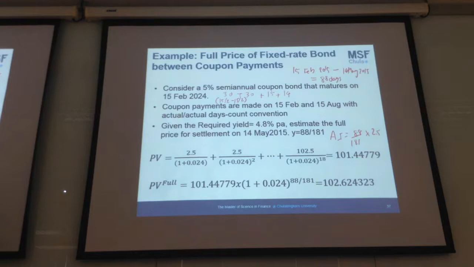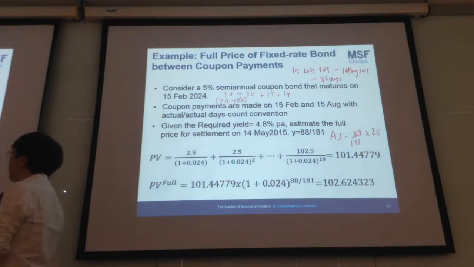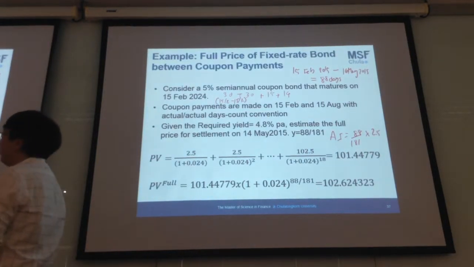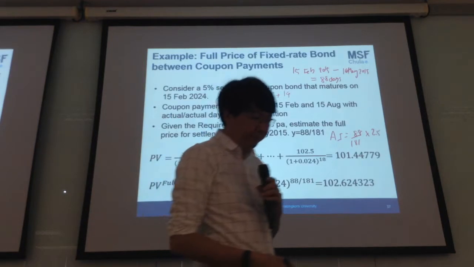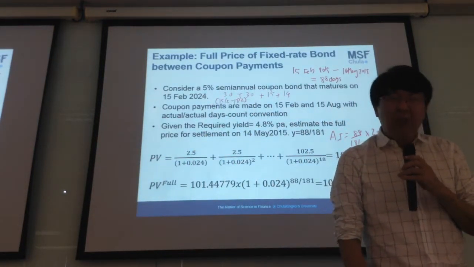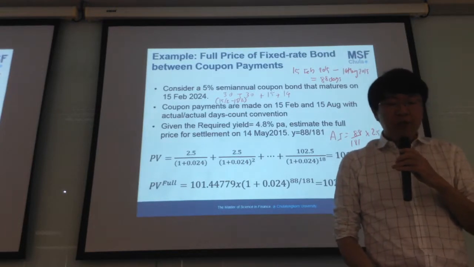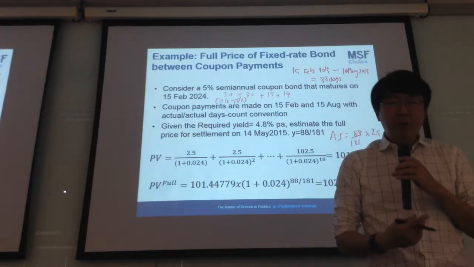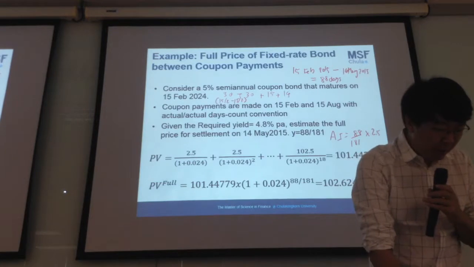I will provide the number of days in between the coupon payment, and the number of days from the last coupon payment to the settlement day. Okay. In the financial calculator, you can solve this question. However, make sure that you understand how to put the number.